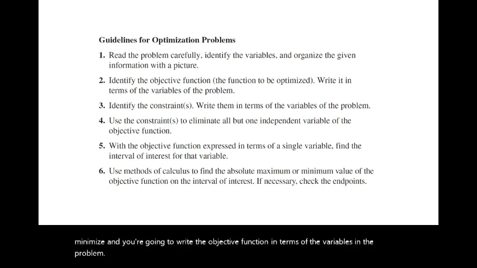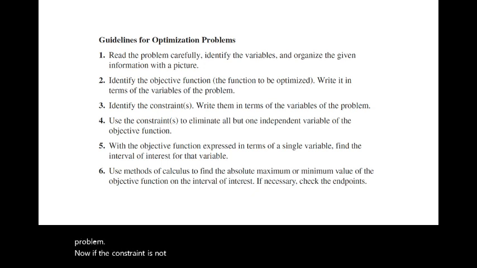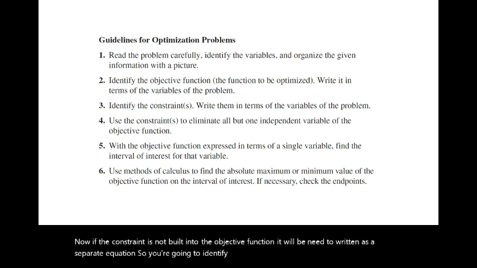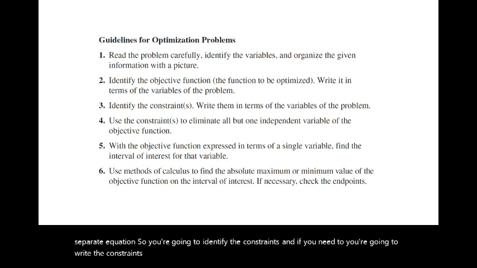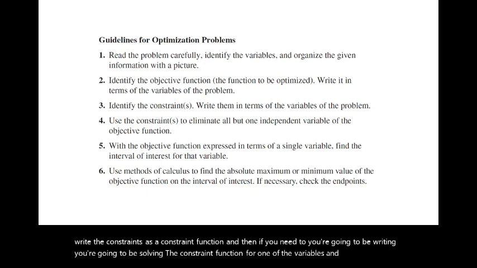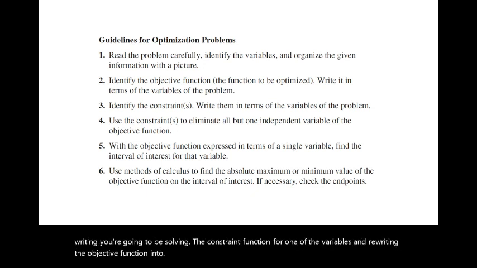Now, if the constraint is not built into the objective function, it will need to be written as a separate equation. So you're going to identify the constraints, and if you need to, write the constraints as a constraint function. Then, if you need to, solve the constraint function for one of the variables and rewrite the objective function in terms of only one variable.